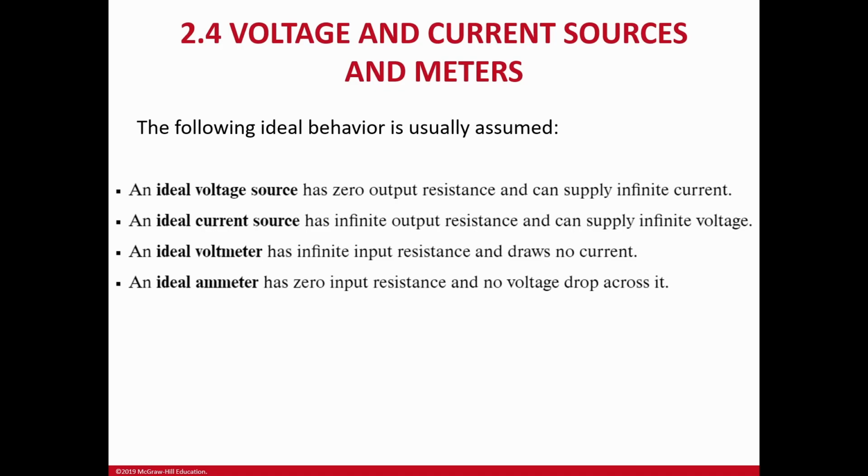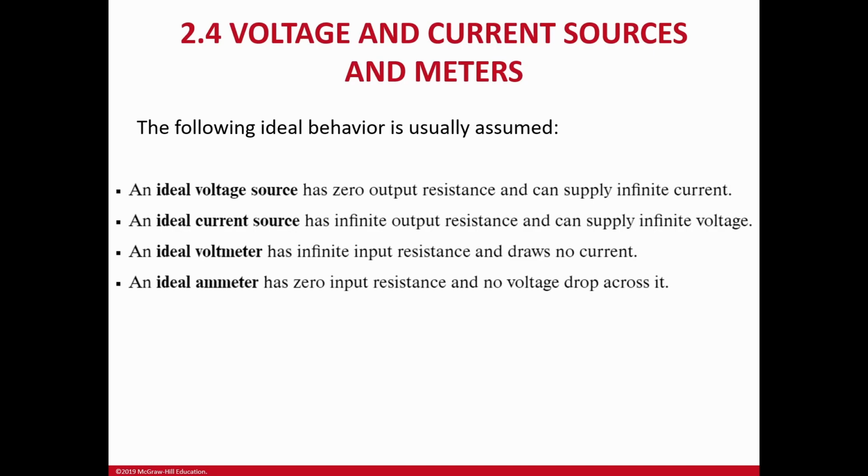So let's go to the beginning. When we talk about the ideal voltage source, what is the ideal voltage source? That means no matter what kind of current you need, it will provide a constant voltage. So I is equal to V divided by R, and V is fixed, but the current is variable.